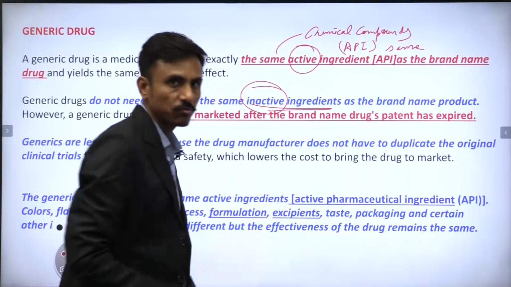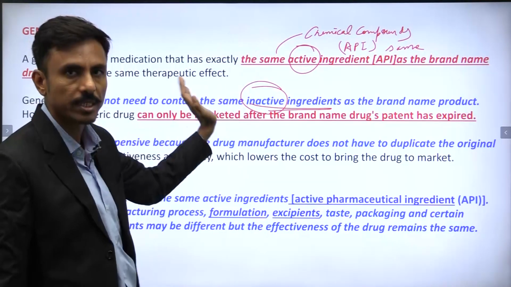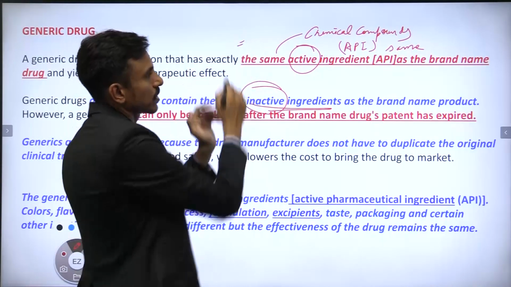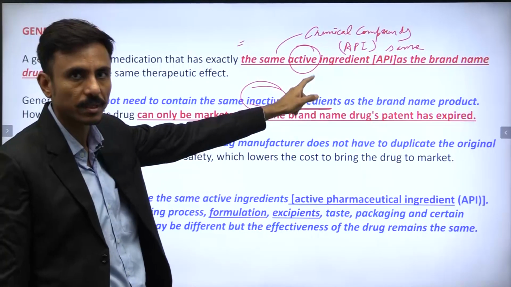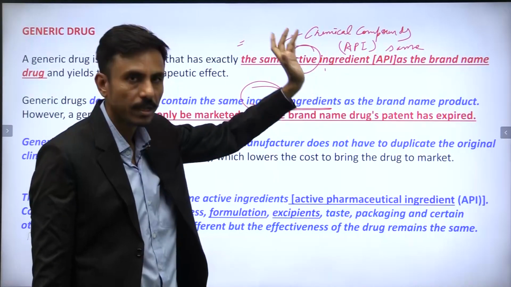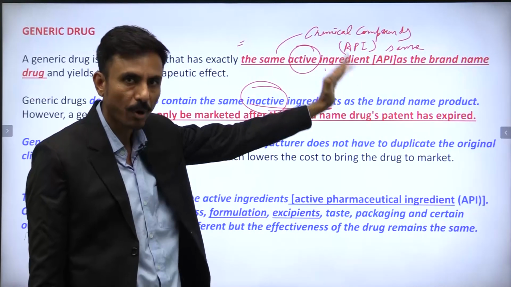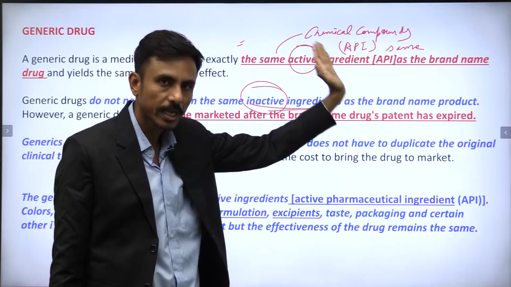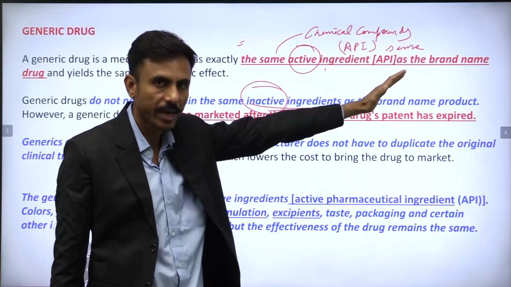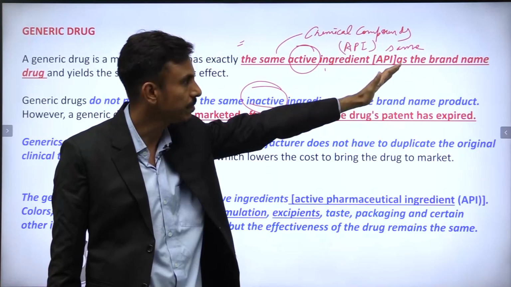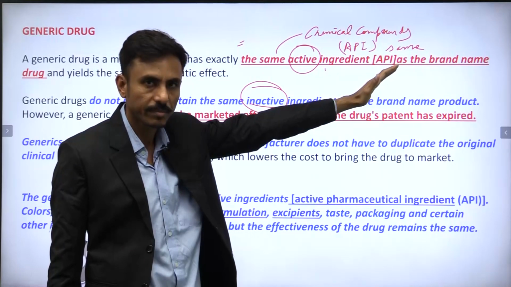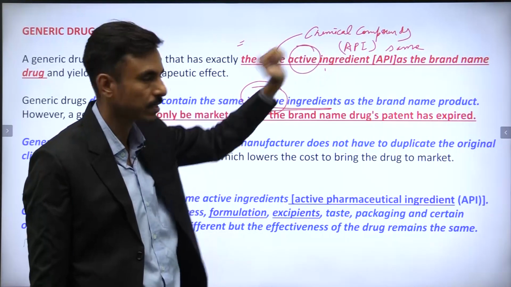So chemical compounds, there would be no difference between the branded drug and the generic drug as far as the chemical compounds or APIs are concerned. I hope I'm making sense, right? As far as the active pharmaceutical ingredients or the chemical compounds are concerned, generic drugs are same as the branded drugs as far as API is concerned.